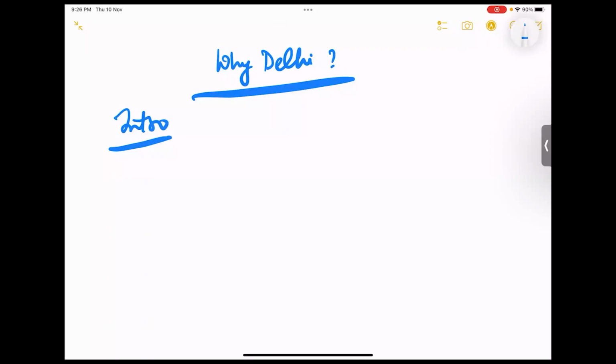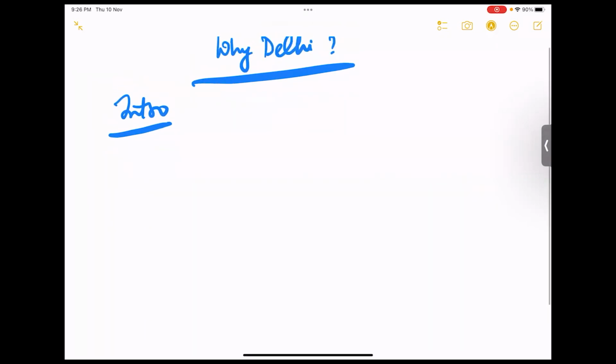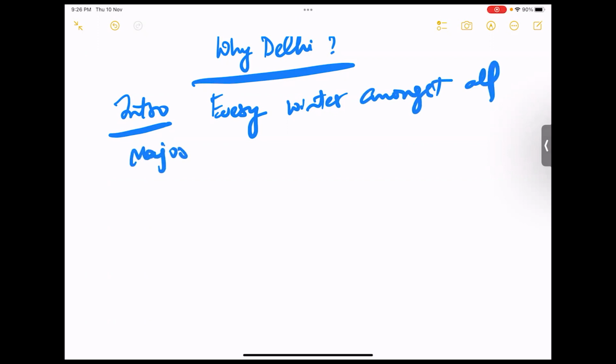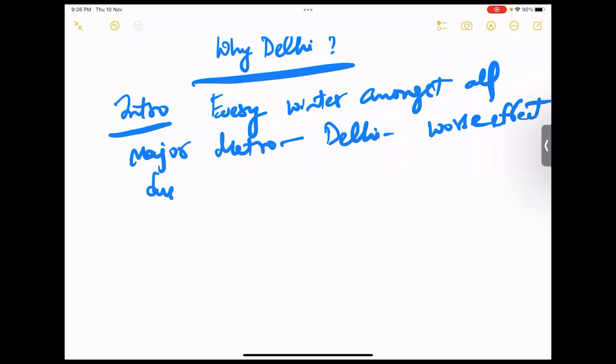Yes, sir. Because for these kinds of answers, the framework becomes very important. So in the introduction you can say that every winter, amongst all major metro cities, Delhi seems to be worse affected due to pollution.